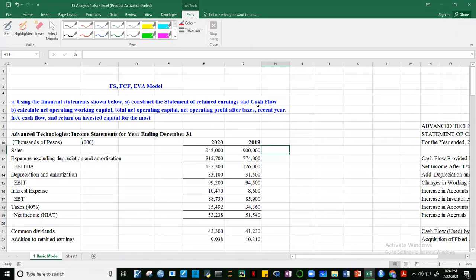Anyone? Ilang percent increase ng sales? Yes, Dennis, thank you, 5%. Then how did you compute for 5%?